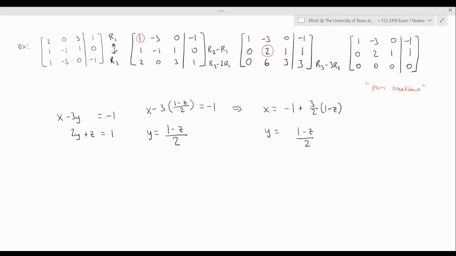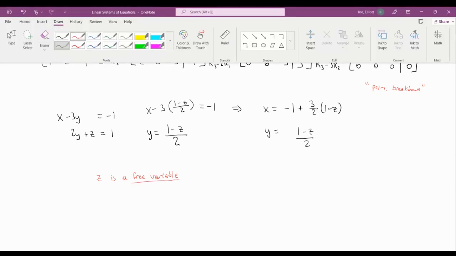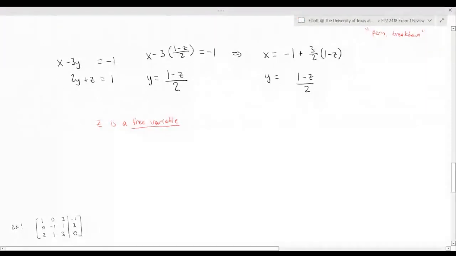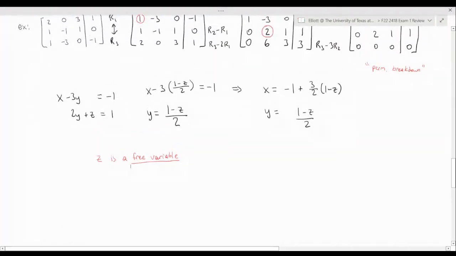So now there's a question of what's going on with z, okay? So z is an example of what we call a free variable. The idea of a free variable is that there's no restriction on what z can be. So z is actually free to be any number, and that's why we're calling it a free variable.